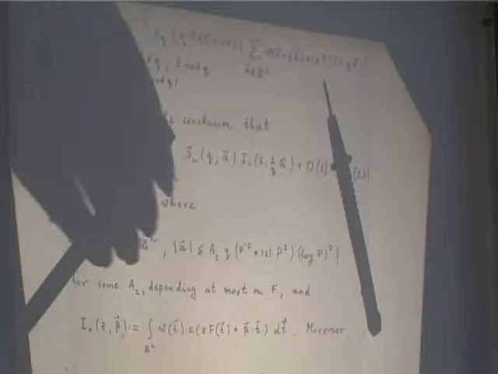where this E0 of z, beta is some integral over this weight W, and moreover one gets at the same time an upper bound for this E0 sub p.